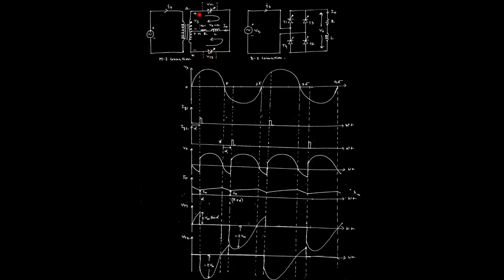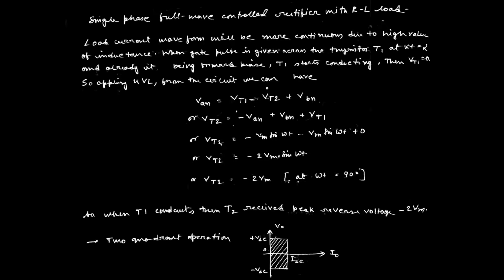So Vs should be equal to VT1 minus VT2 and this is Vs. So we can write the expression VAN equal to VT1 minus VT2 plus VBN. Okay, so we can rewrite the expression as VT2 equal to minus VAN plus VBN plus VT1.